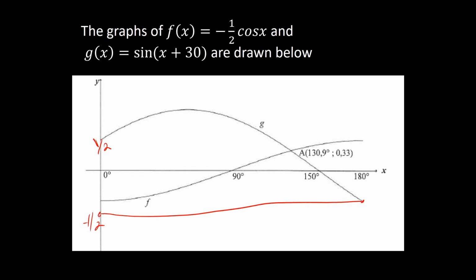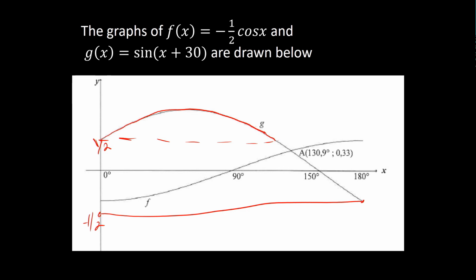Okay, so where is the sine of x plus 30 graph greater than or equal to a half? So it's obviously all of this section here, until the graph hits the function value of a half again, so in line with this point here. And then the graph starts tracking down again and starts becoming less than a half.